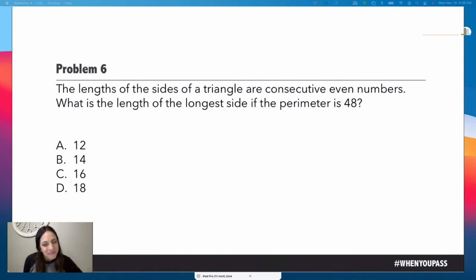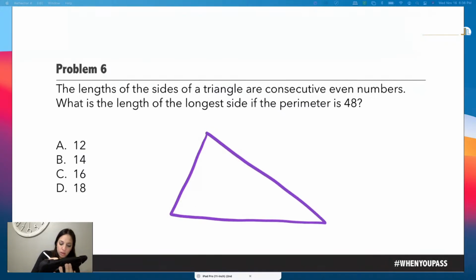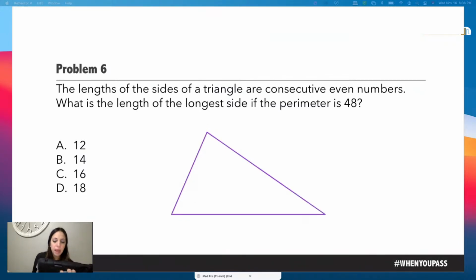Okay, we have a triangle. I'm going to draw a triangle for us. You can draw whatever kind of triangle you want, it doesn't matter. All right, there's my triangle.